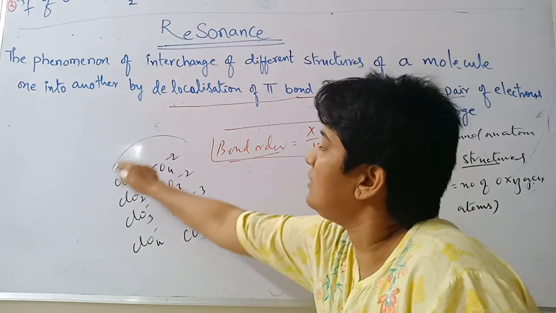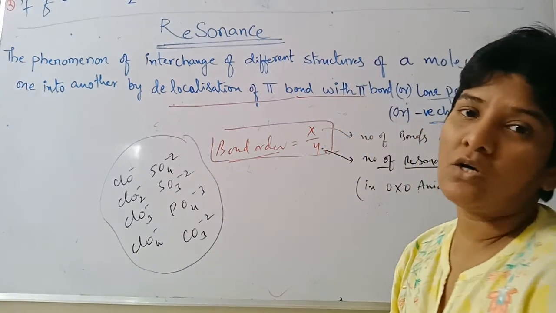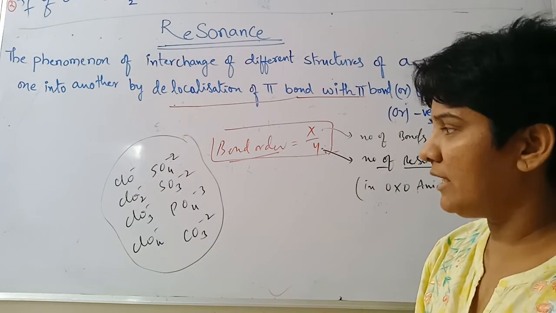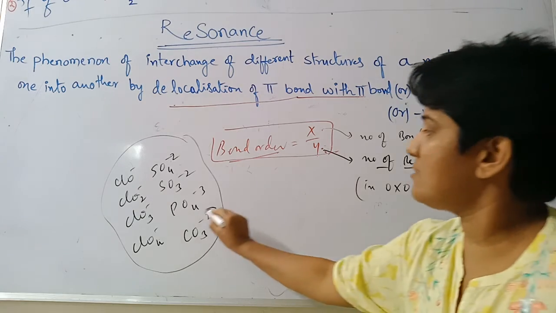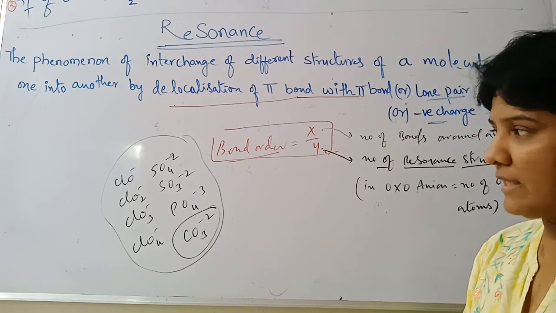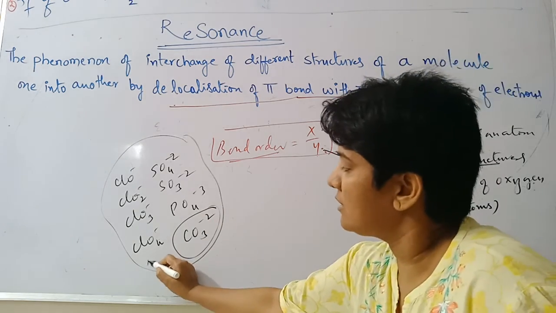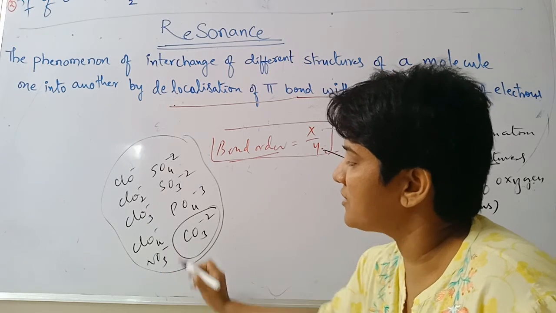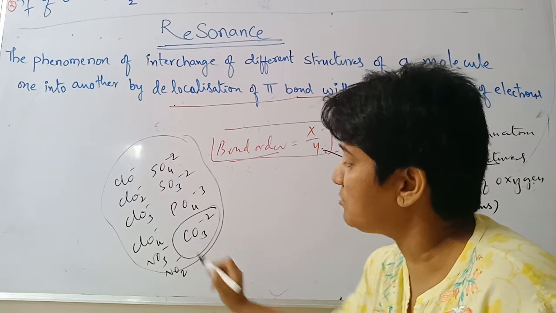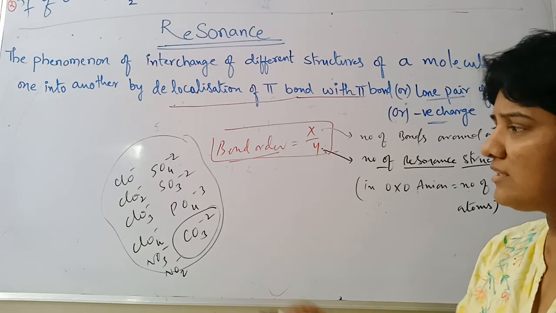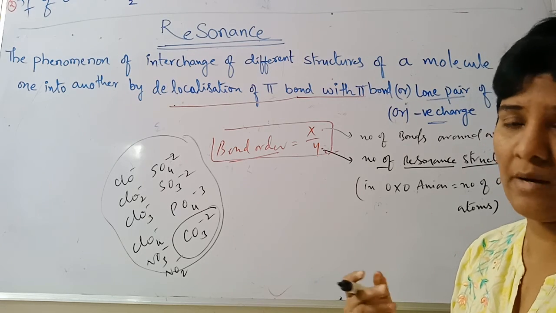So these are the different types of oxo anions we come across.